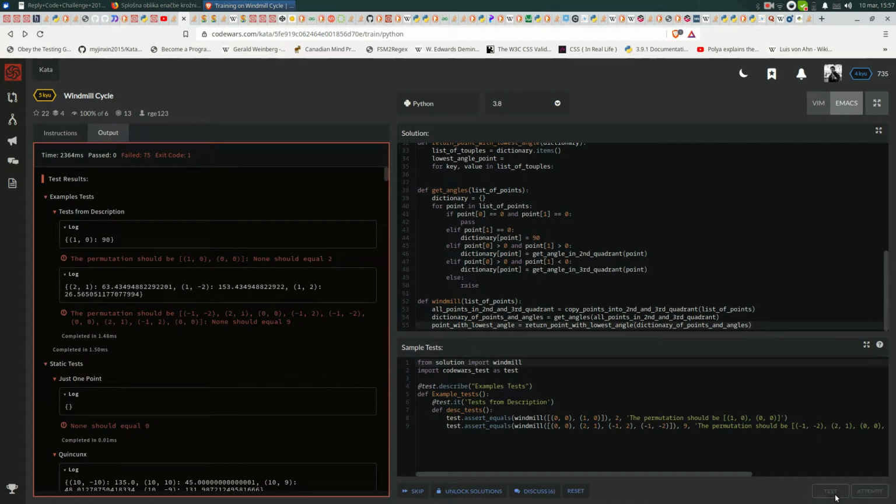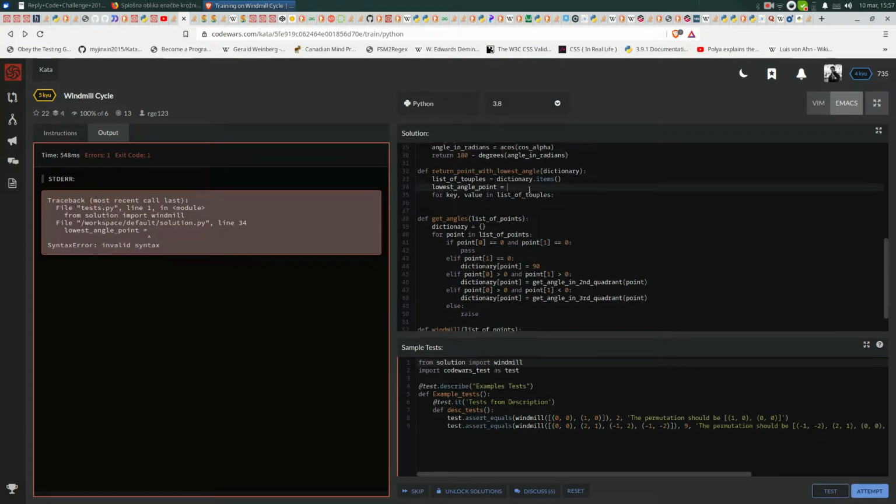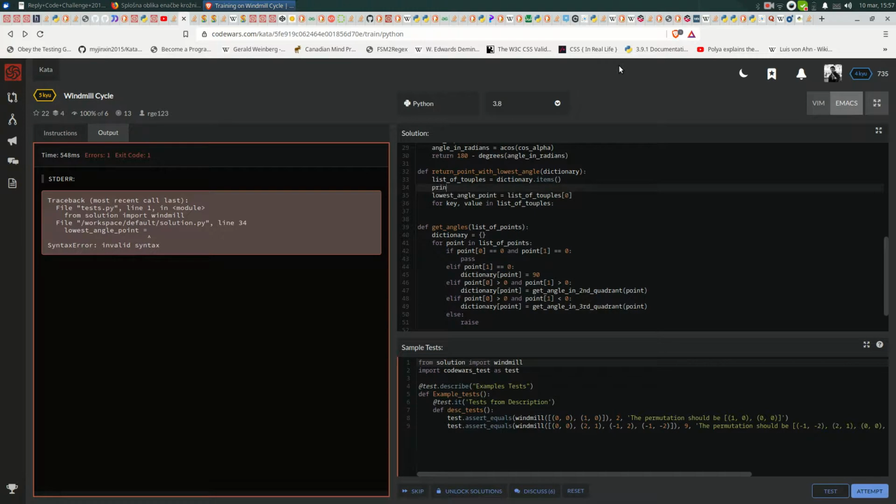Okay. It's going to be an error. Lowest angle point is list of tuples 0. We just say print list of tuples if it really is.